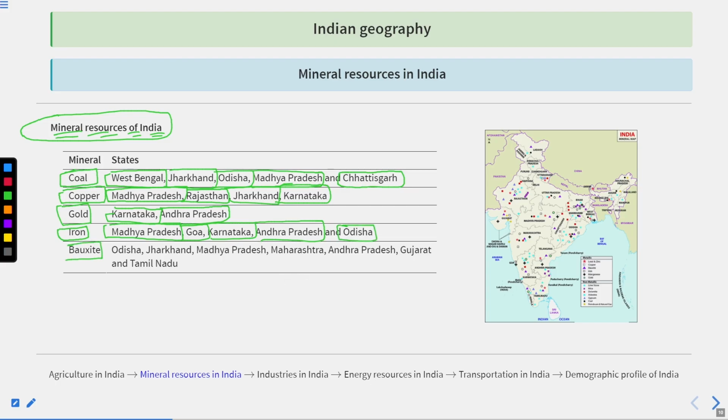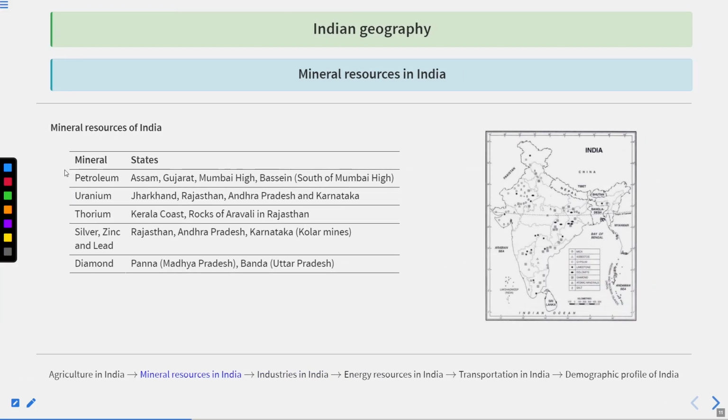Thereafter the bauxite, found in Odisha, Jharkhand, Madhya Pradesh, Maharashtra, Andhra Pradesh, Gujarat and Tamil Nadu. Okay.